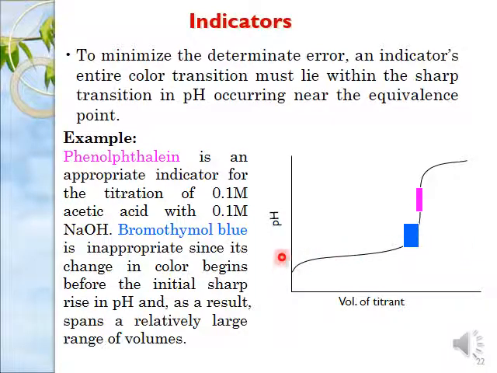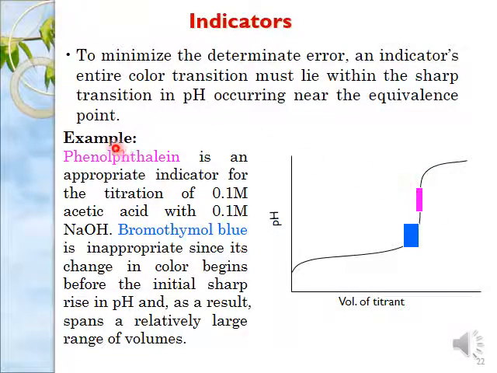Based on the equivalence pH, it should be around this point here. So if you use bromothymol blue, it will change color at this point here. It's supposed to change color in this region here.